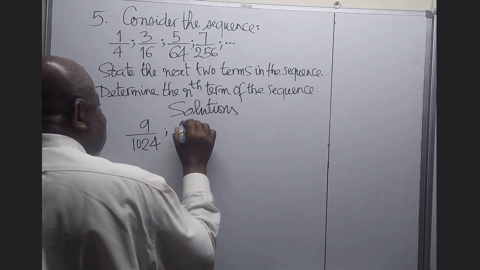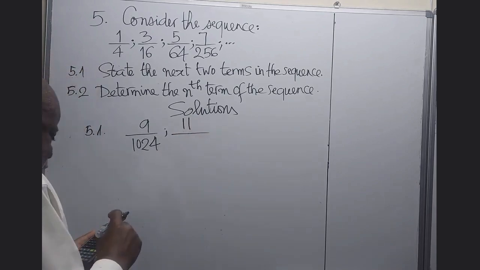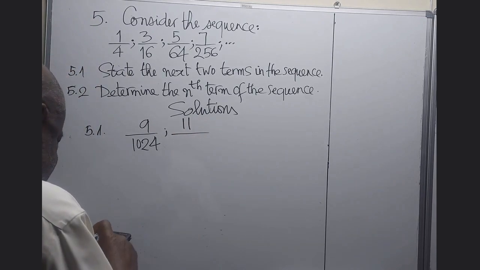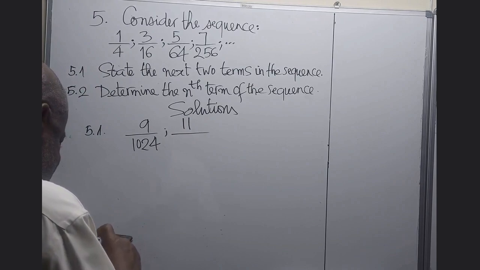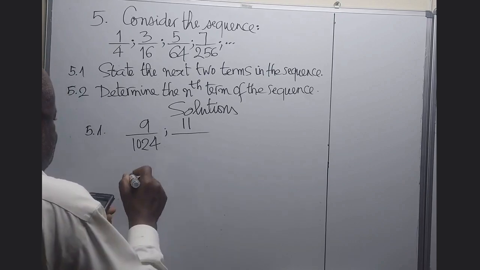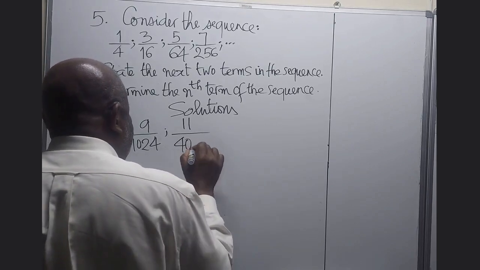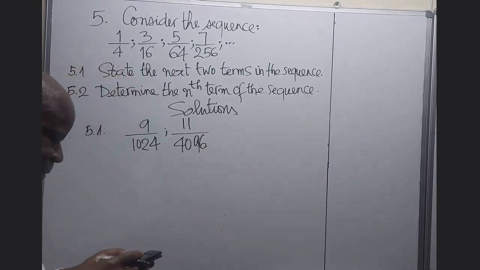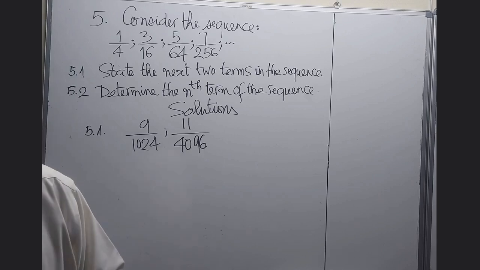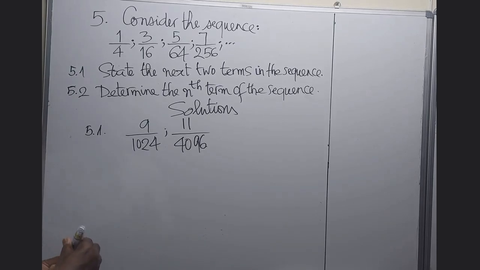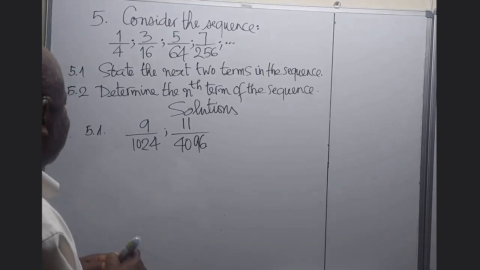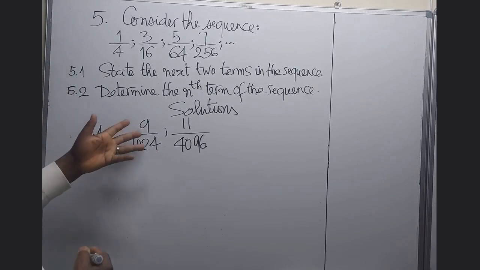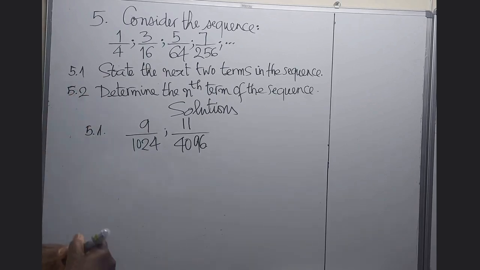The next one will be 11 over 4 to the power 6, which is 4096. So these are the next two terms. We're going to explain this in question 5.2.